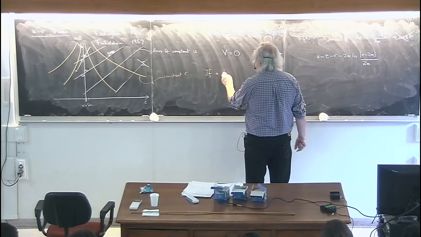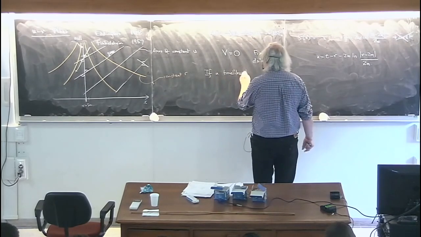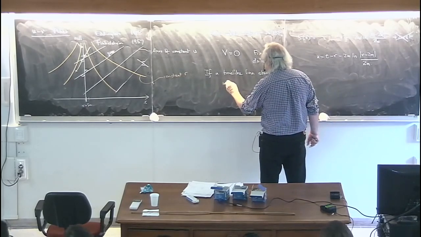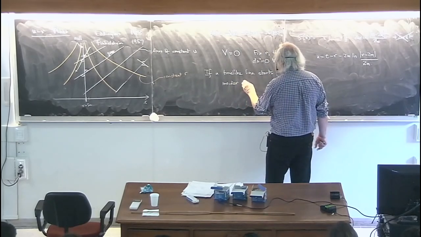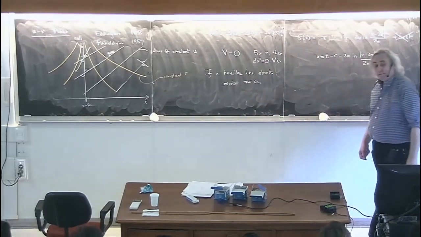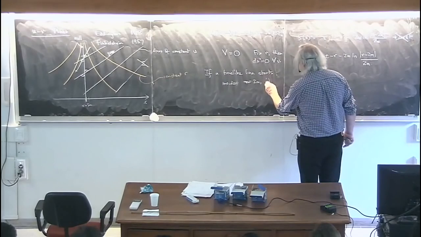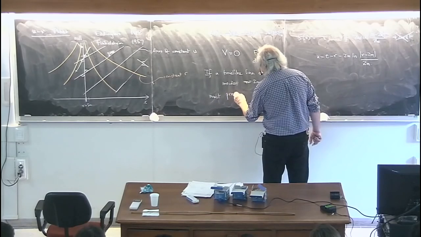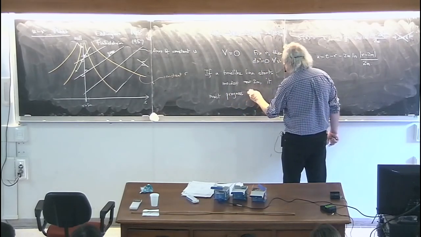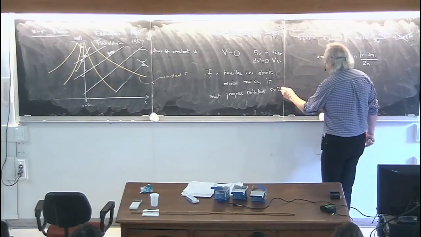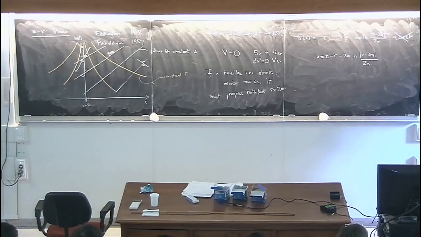So if a time-like line starts inside r equals 2m, it must leave that region. So at first sight, that's very strange.